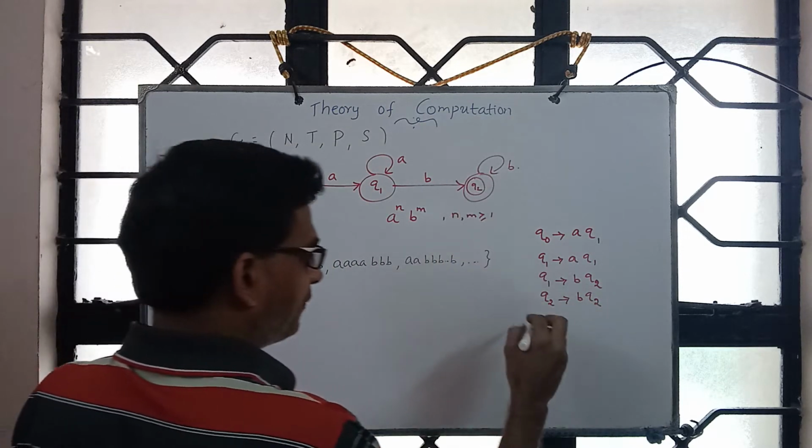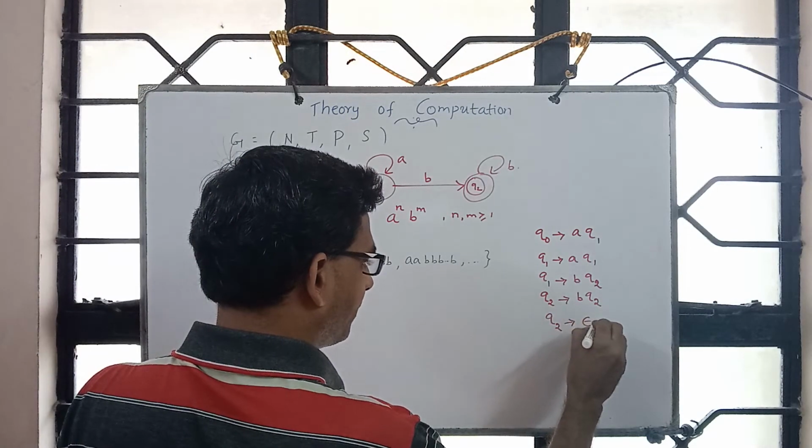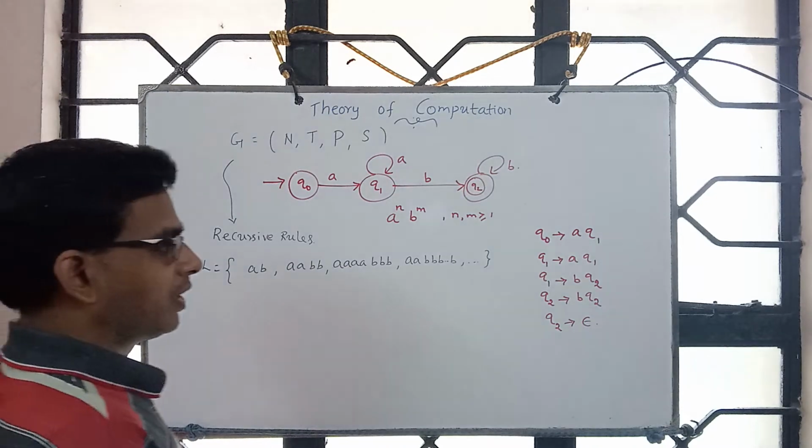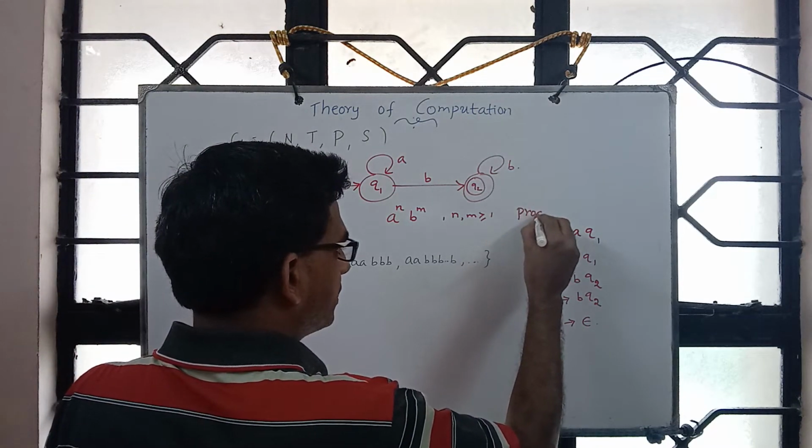Since Q2 is the final state, I include one more rule or production, Q2 implies epsilon.